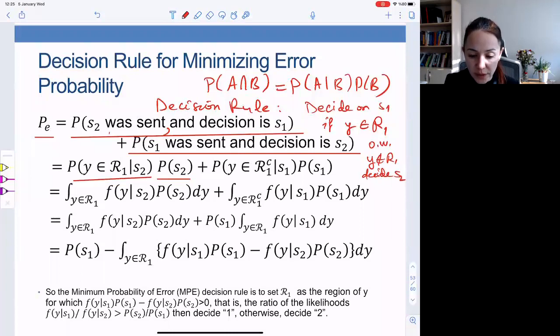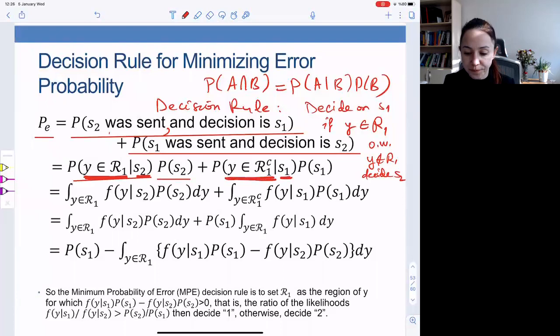So the probability of choosing S1, given that S2 was sent, is the probability that the matched filter output Y is in region R1, given that S2 was sent. Similarly, the probability of making an error given S1 was sent is equal to the probability that Y is in R1 complement, given that S1 was sent.